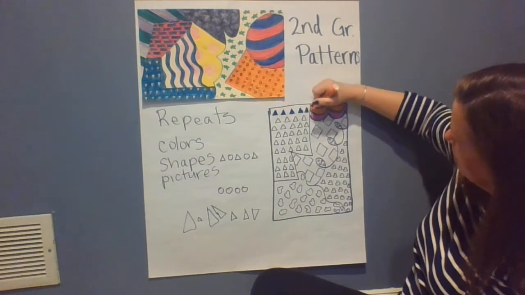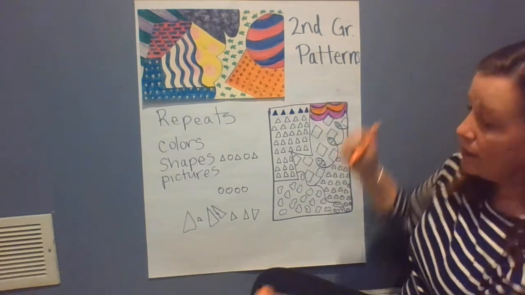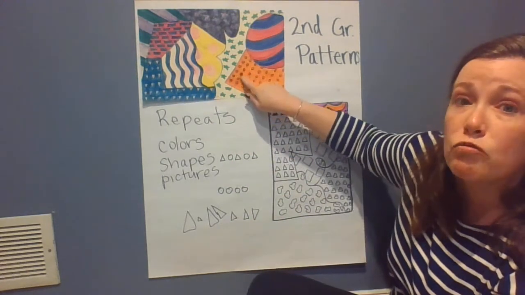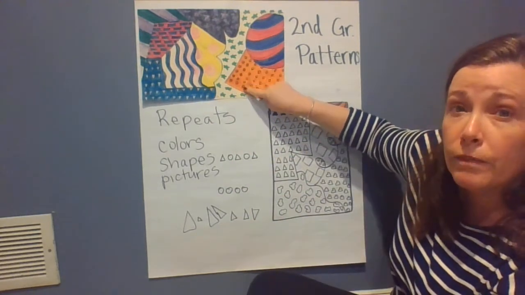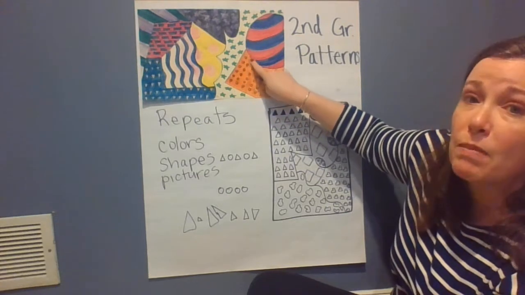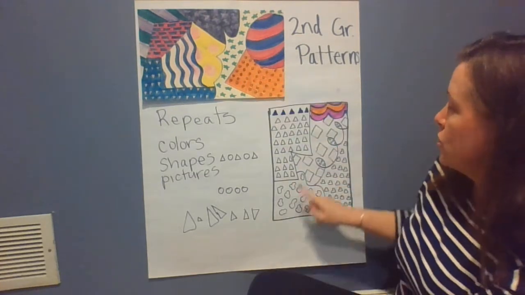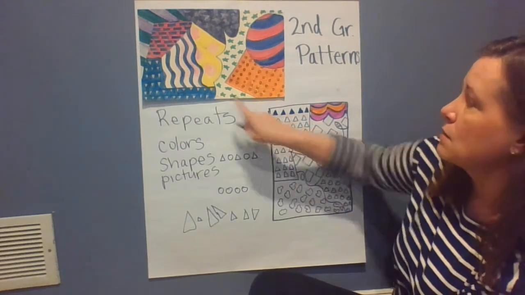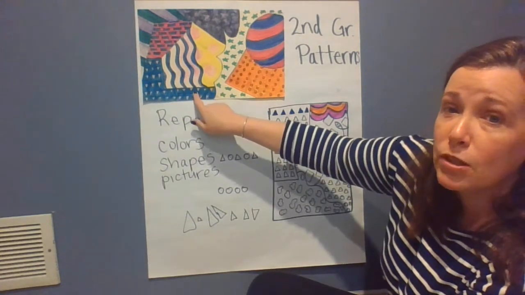Because I'm not just going to color one color in that area. I'm going to have two colors. So if I have red circles here, I'm going to choose a color for my background. I chose orange. So if this was going to be blue triangles, this one is orange triangles with a blue background.